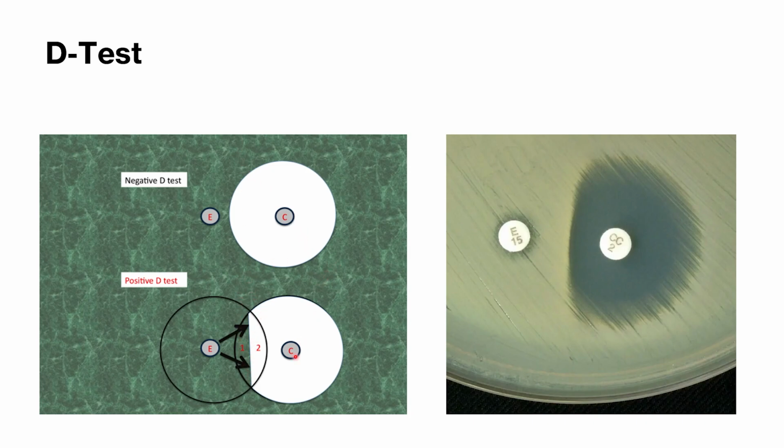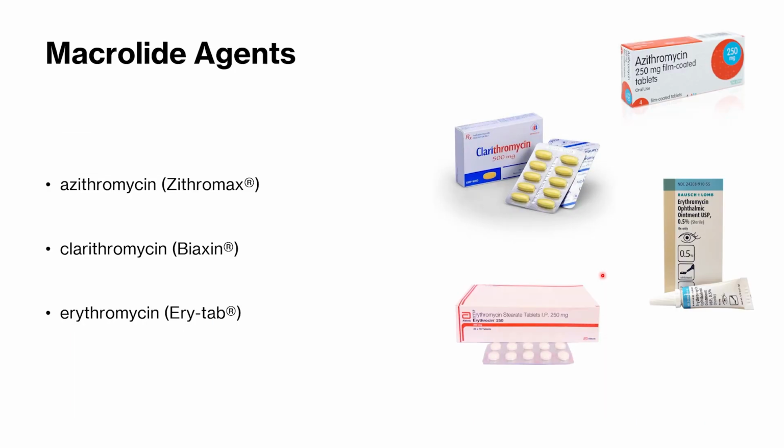And if the clearance around the clindamycin looks like a D, that means that the erythromycin turned on a gene that causes resistance to clindamycin. I believe it's called the ERM gene. But if that happens, then macrolides would then induce resistance to clindamycin, which is a lincosamide.